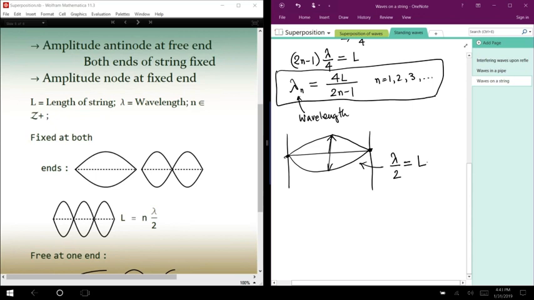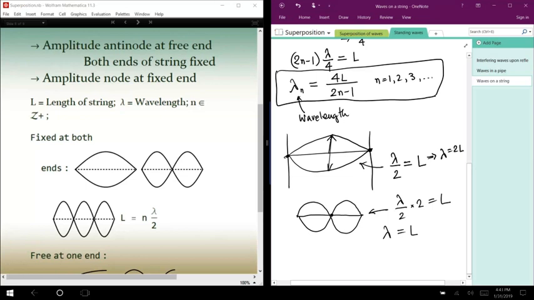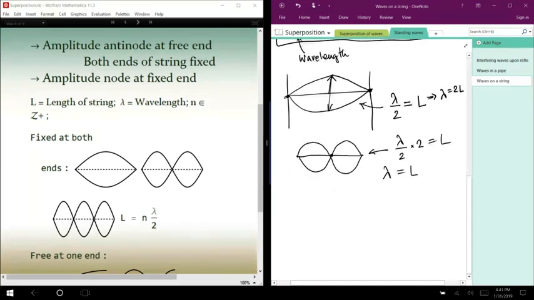Okay, and the next situation I show over here, there's an additional node in the middle, right? As soon as there's an additional node in the middle, you're adding another lambda over 2. So for this situation, we have lambda over 2 multiplied by 2 is equal to L, right? So that tells me that lambda is equal to L. For the first situation, lambda was equal to 2L, so you can see that lambda is decreasing.